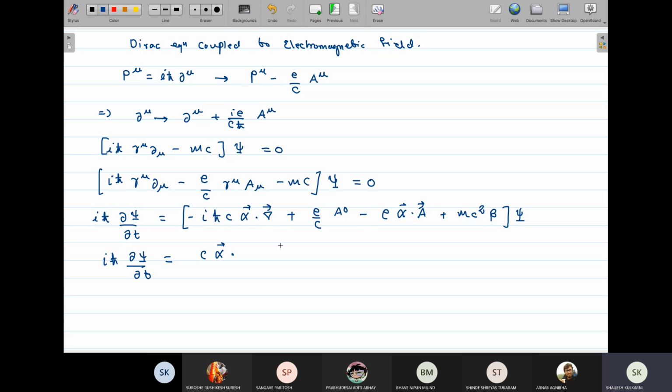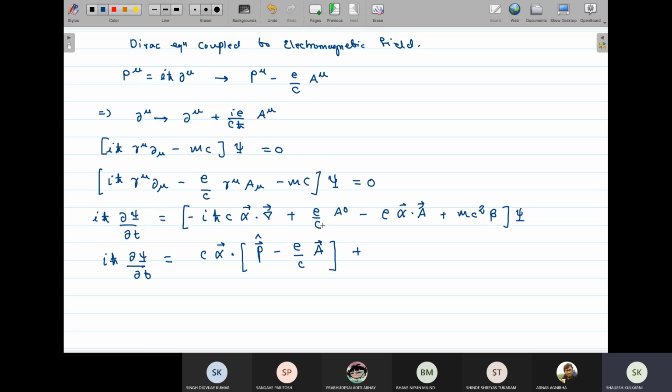When I take alpha common, I will get vector P operator minus e by c A. Plus, why is there a c here?